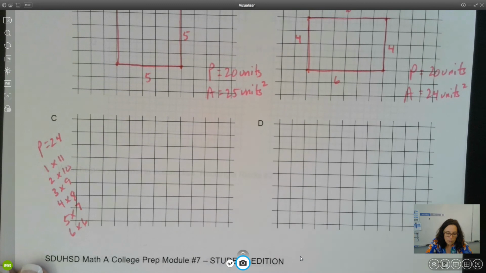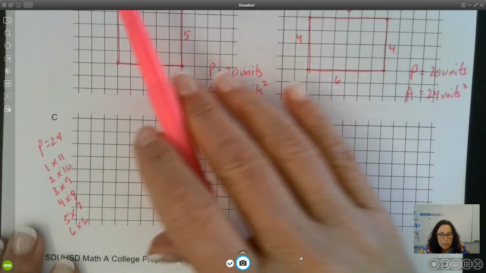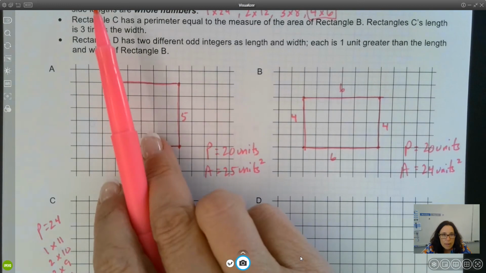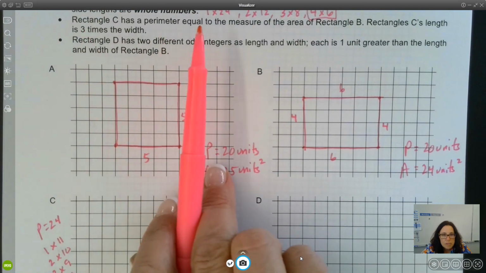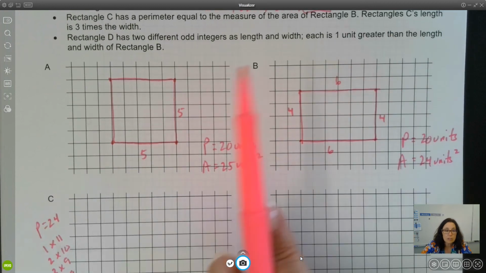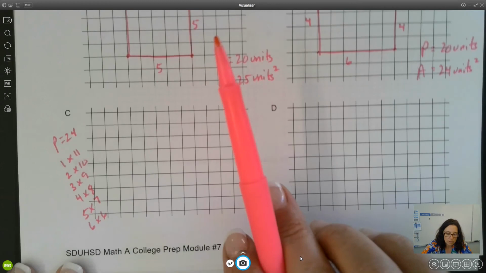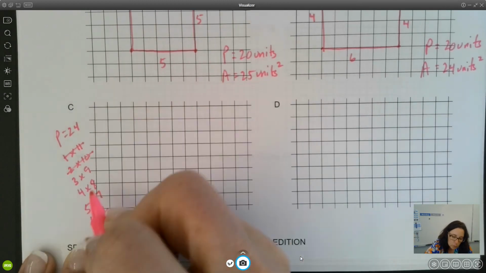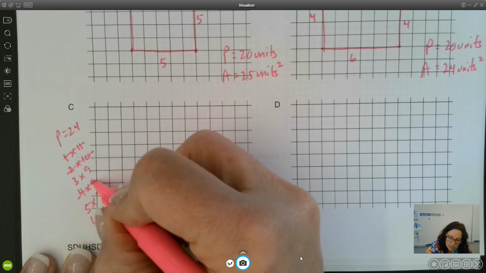All of those are options for a perimeter of 24. Now let me go back up to the clue. We need to make sure the perimeter is equal to the measure of the area, so we need that to be 24, and we need the length to be 3 times the width. Well, this isn't. This isn't. Ooh, that one. This isn't, this isn't.